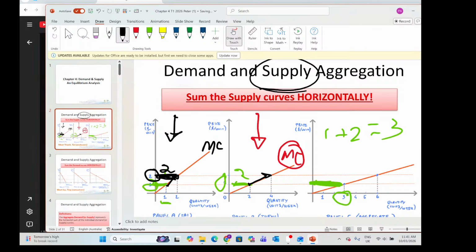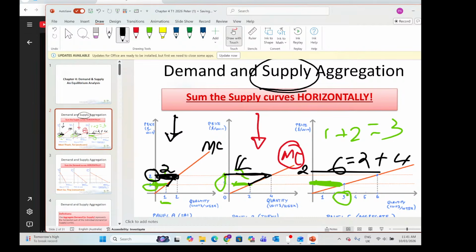And for Theo, the black interval is now 4. So when we come over to the market supply, we can see at price 2, the total market supply is 6, which is just made up of 2 from Thai and 4 from Theo.